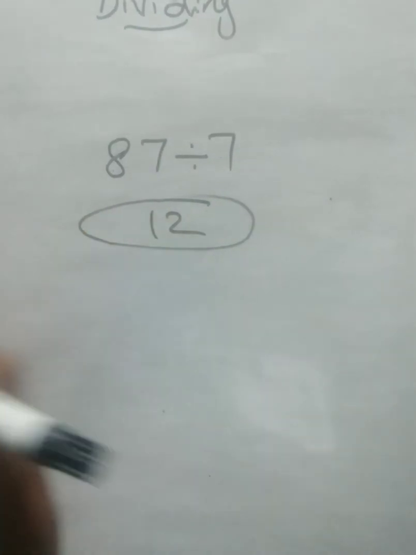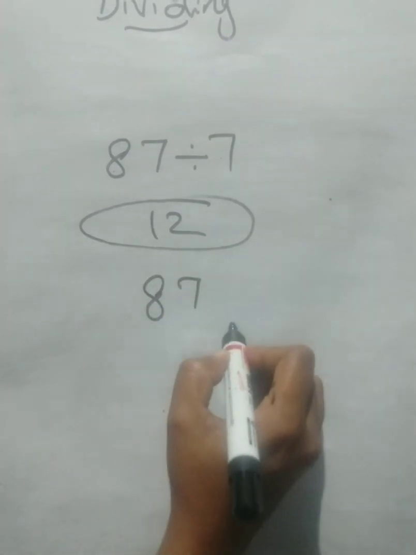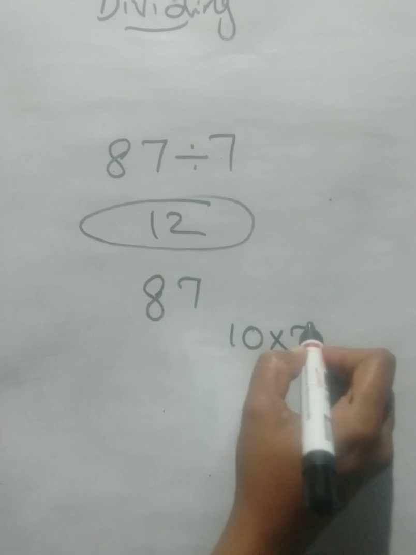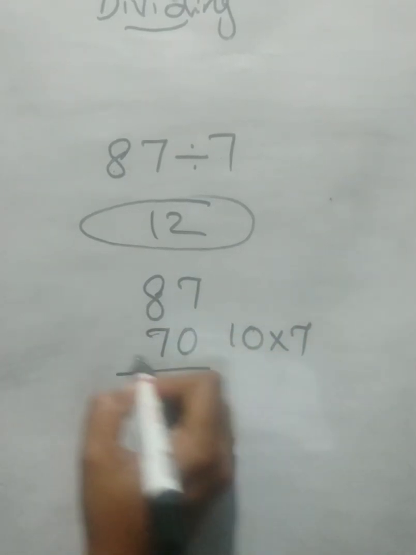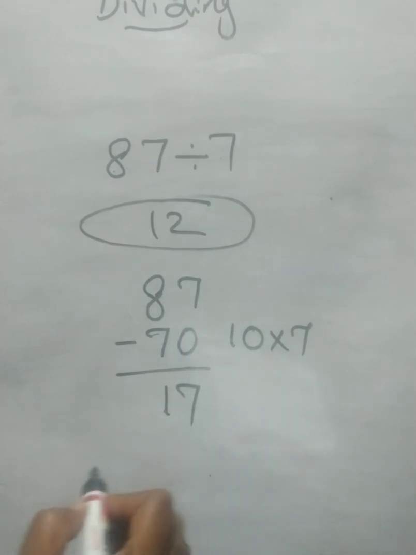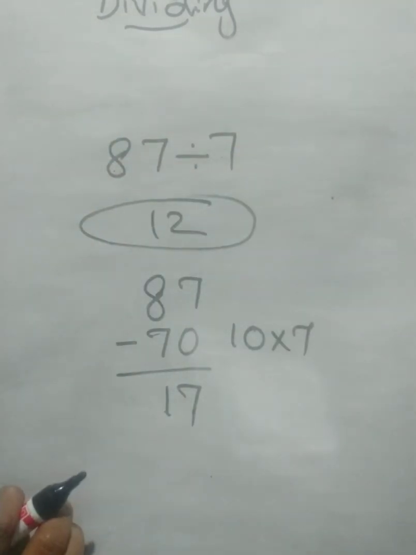After then we have to subtract. 87. Then 10 times 7. That is 70. Then subtraction 17. 17 is not there in 7's table.